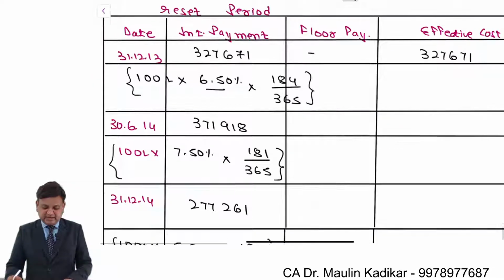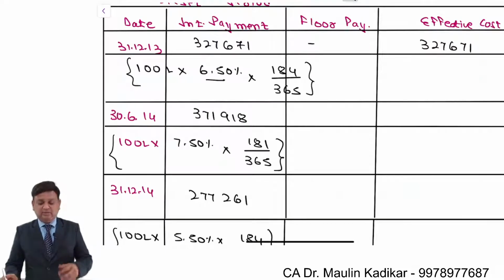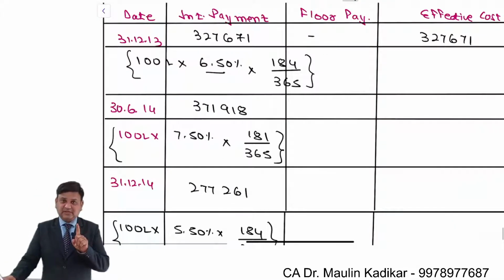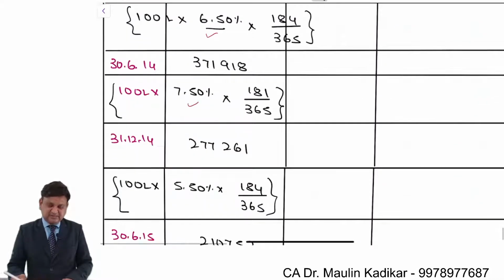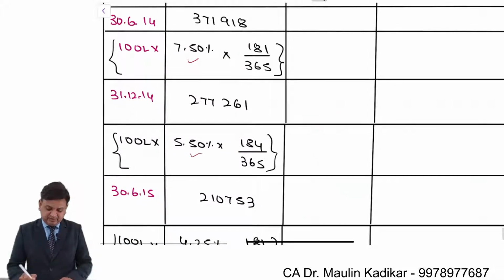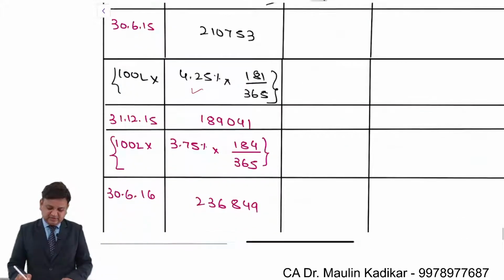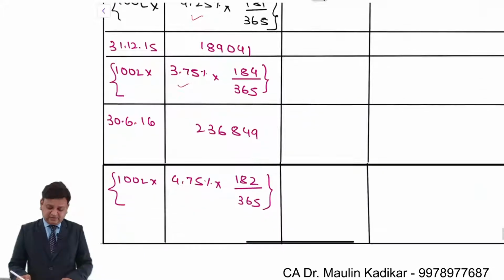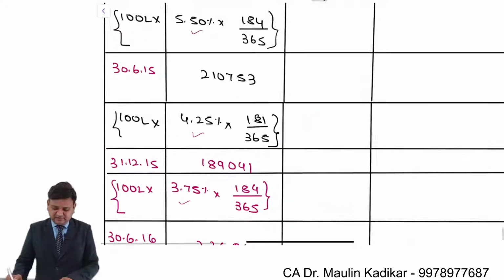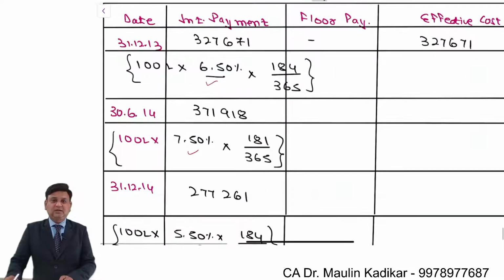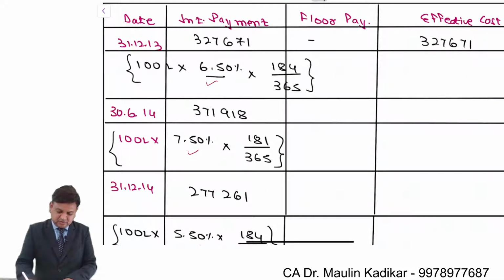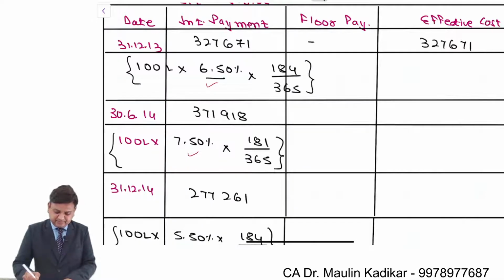If at all you make a comparison of that 7% rate of interest with the total interest, 6.5, 7.5, 5.5, 4.25, 3.75, 4.75, then in that situation you are going to receive something.